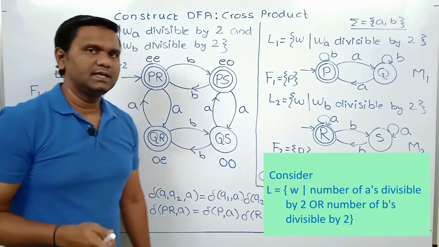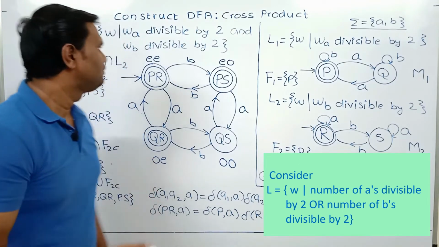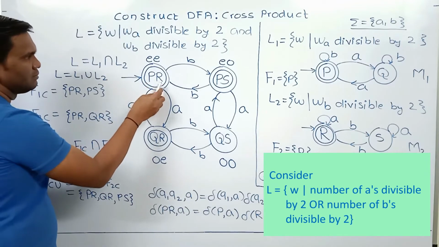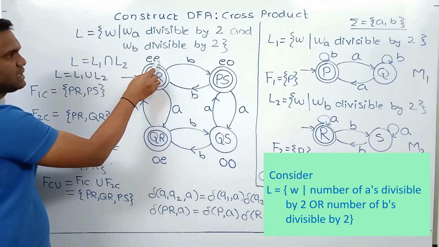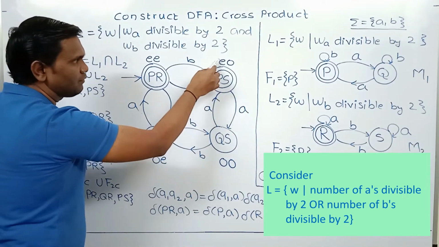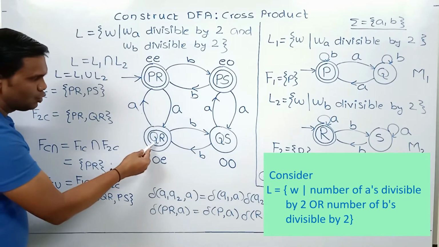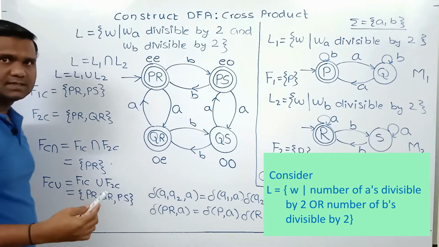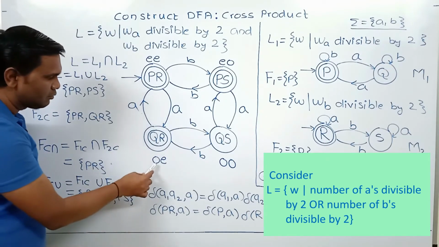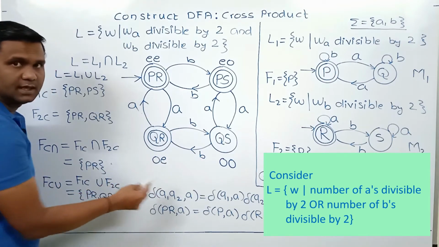Right now we are considering the number of A's divisible by 2 or the number of B's divisible by 2. In state PR, both the number of A's and the number of B's are even, divisible by 2. In state PS, the number of A's is even, that is divisible by 2. In state QR, the number of B's is divisible by 2. Here the number of A's is odd, the number of B's is even.